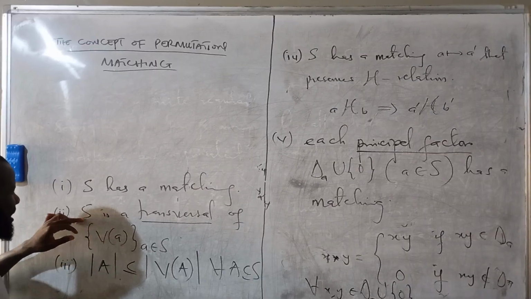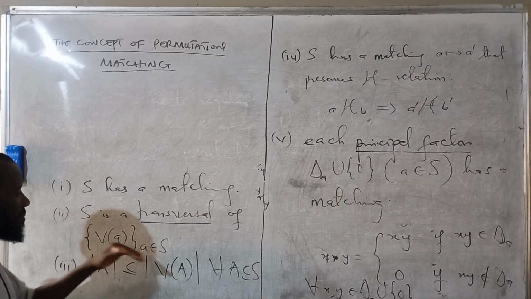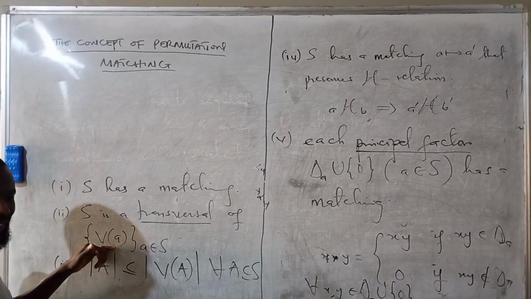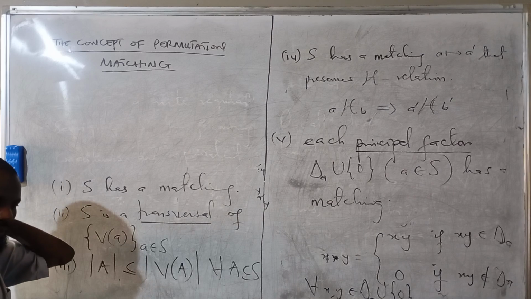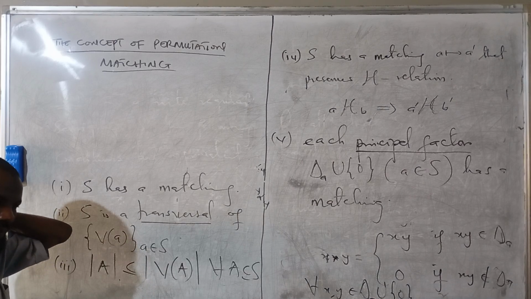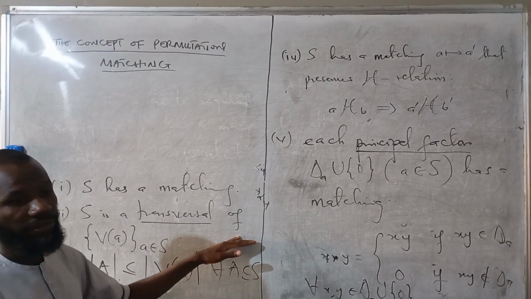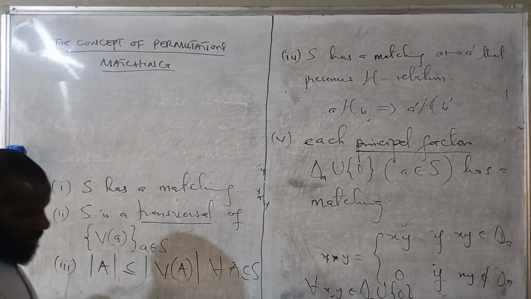It's not that trivial to see that S will be a transversal of this collection when we say S is finite. That is the sense of this transversality.